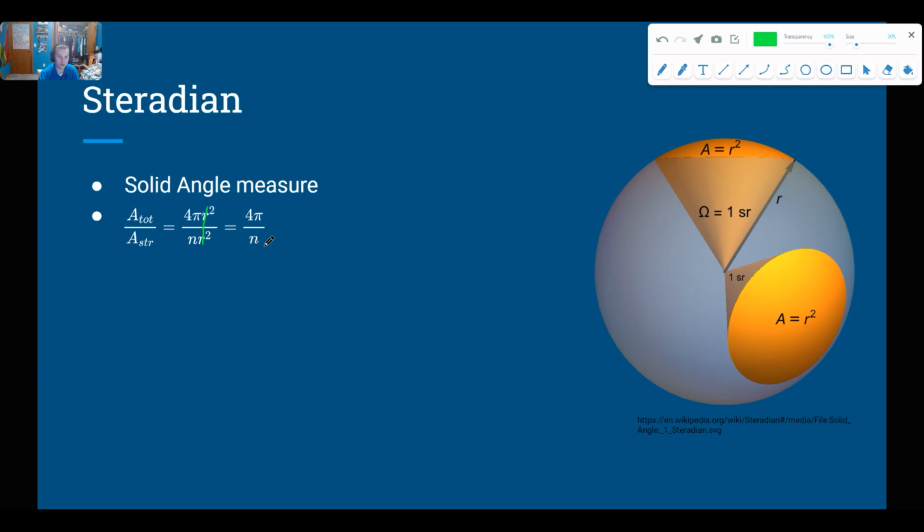So if you had 100% of the area being taken up by your solid angle, the number of steradians you have is 4 pi, because the constant out here is 4 pi. That's the maximum steradian amount allowed. You cannot have more than 4 pi steradians, at least in most contexts that I'm familiar with.